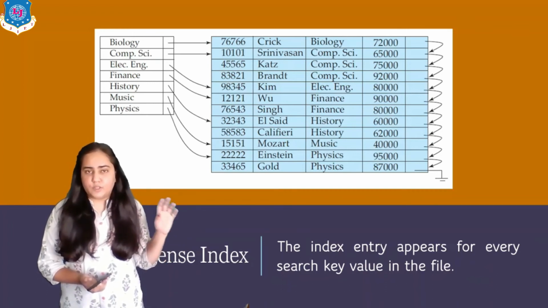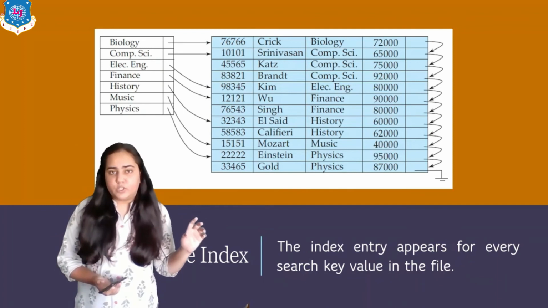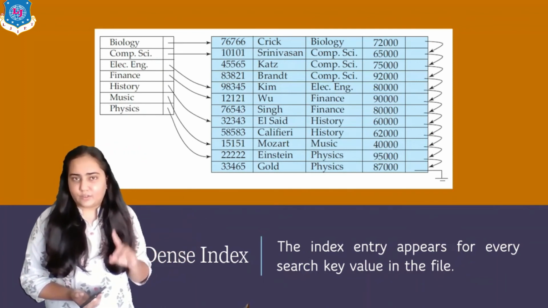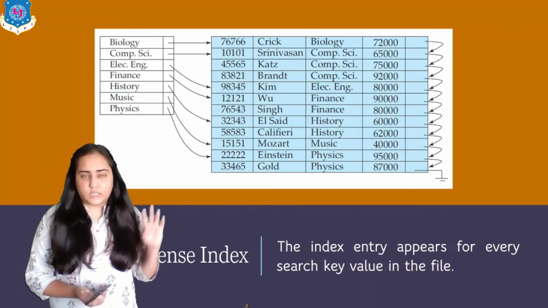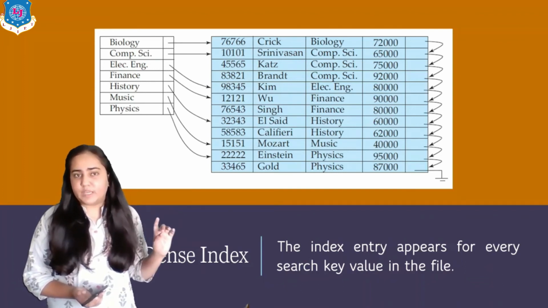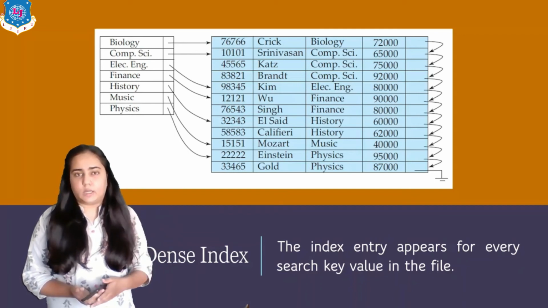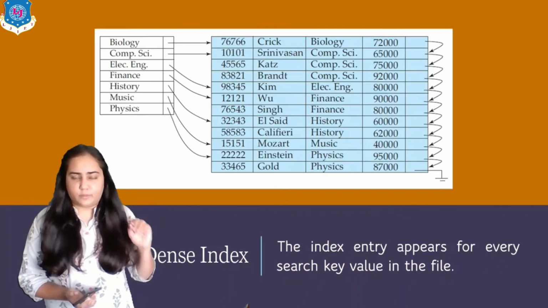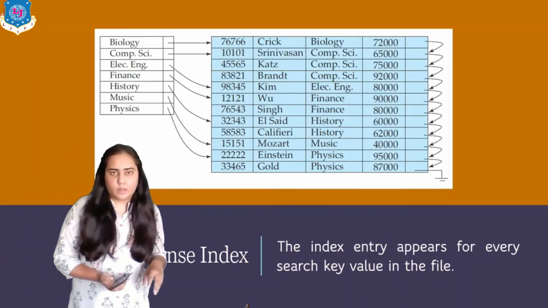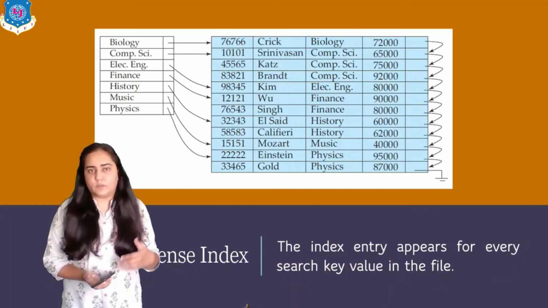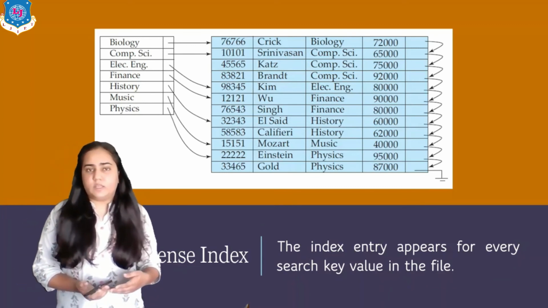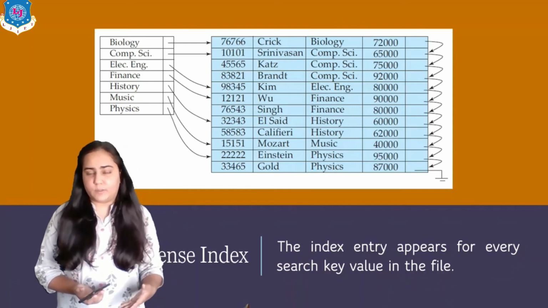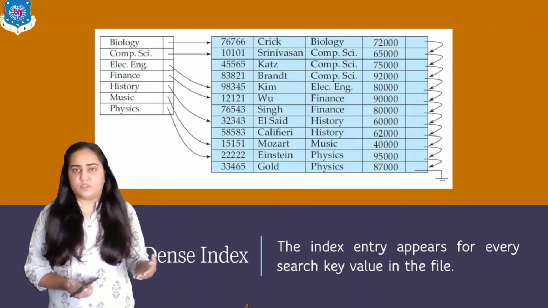So the first record is biology, which points to the row containing biology. That does not mean that that row is the first row now. This is just pointing, and because B comes first, that is why it is there on the top. Otherwise, you'd have to make a lot of arrows crossing each other. So this is biology, and then computer science. You can see it points to the first record of computer science, and then the rest of the computer science records can just follow.